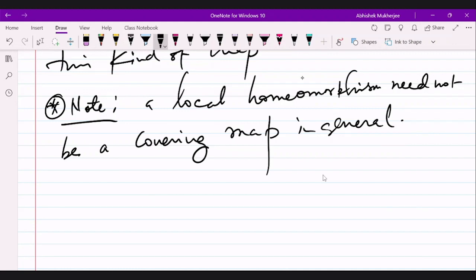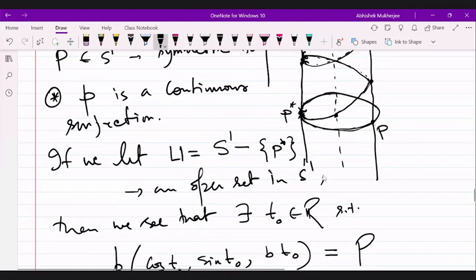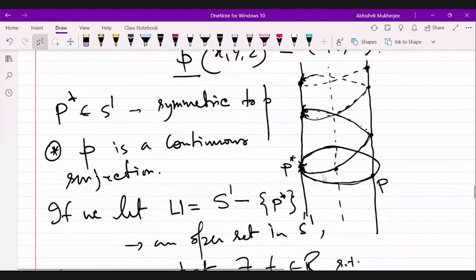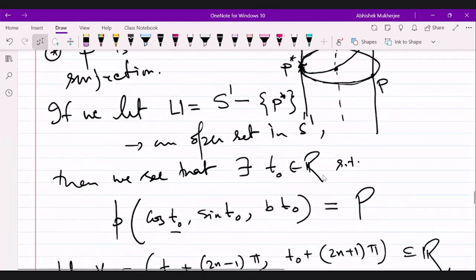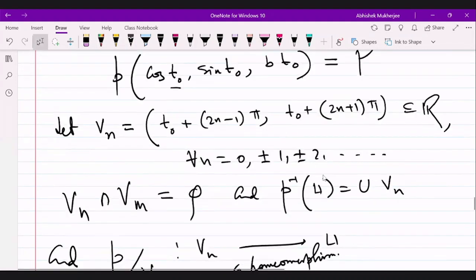You can have another example if it is possible for you to construct one from the covering space, that means the helix, the covering space of S1. If you restrict that to some particular domain, then that will be an example of a local homeomorphism which will not be a covering map, but you need to find out which one.